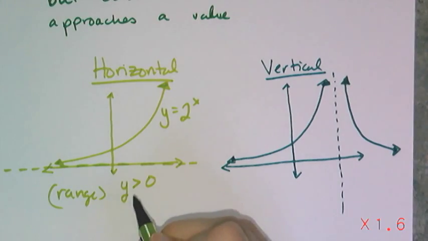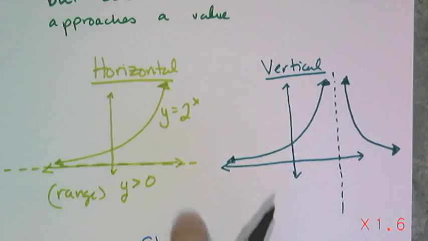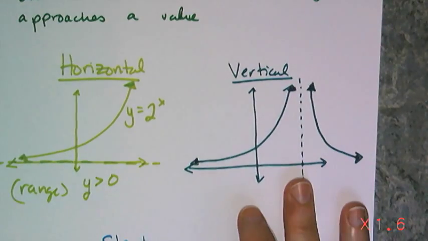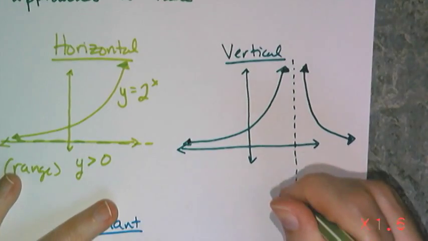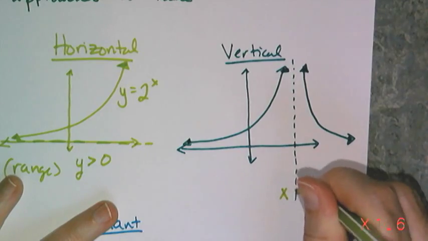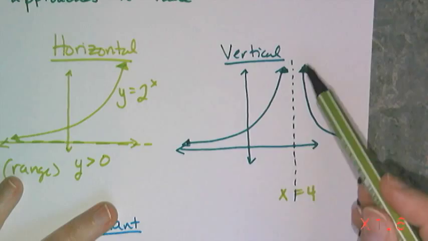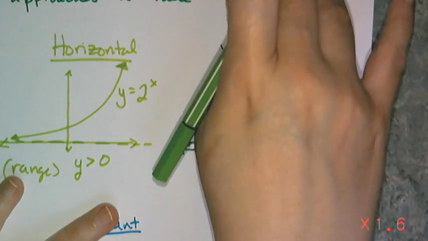It can't ever equal 0, and that's what the asymptote does: it tells you a value you can't equal in terms of range. Now, this is an example of a vertical asymptote. Let's say this line here was x equals 4. You'll see that as the relation approaches the value x equals 4, the y values approach infinity.